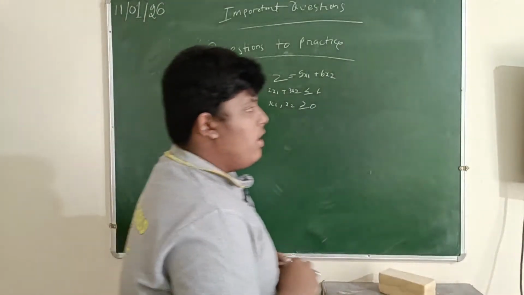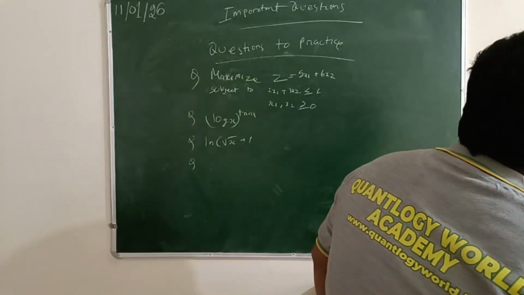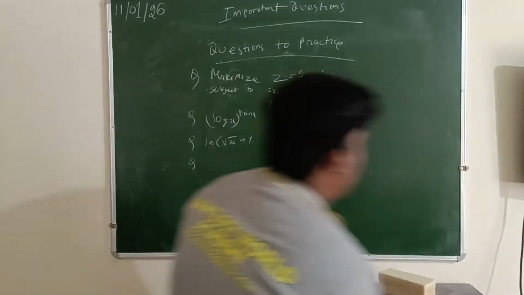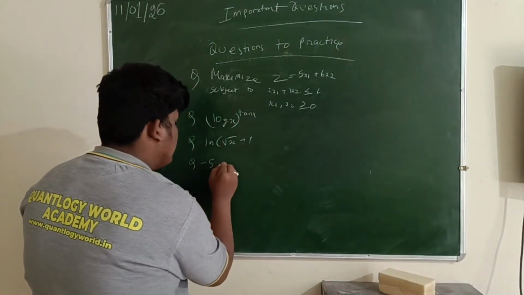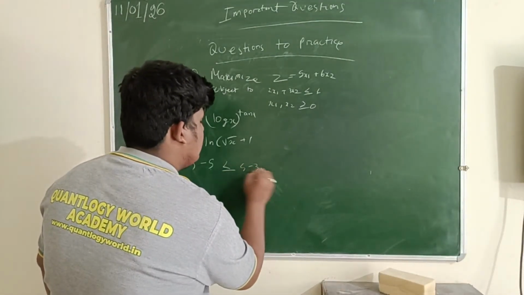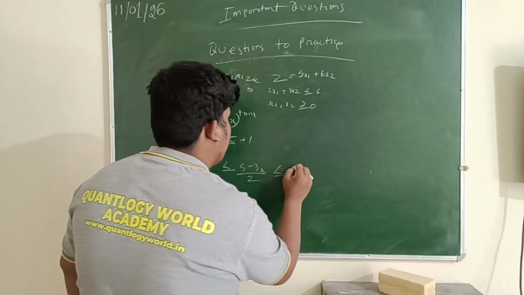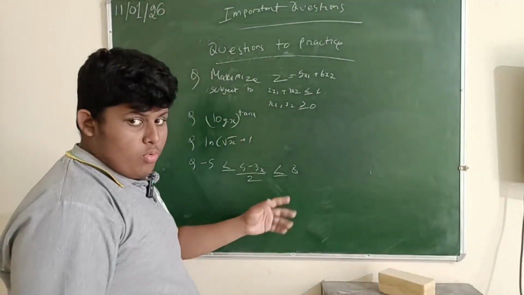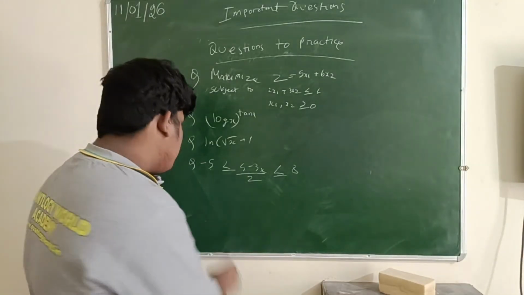The next question I will give is from linear inequalities: minus 5 less than or equal to 5 minus 3x by 2 less than or equal to 8. In this question we will solve both sides of the inequality.